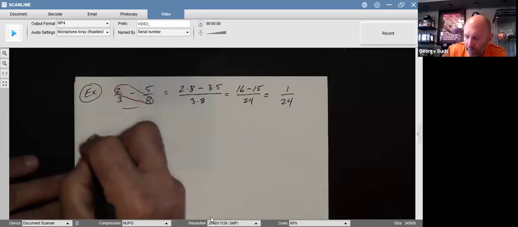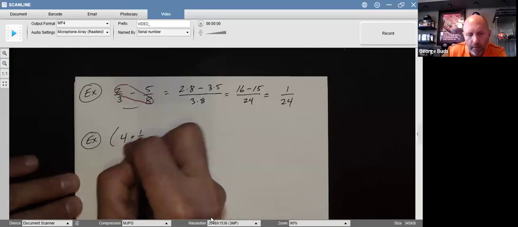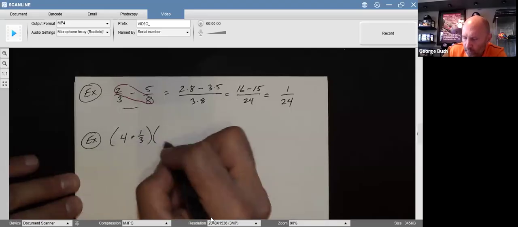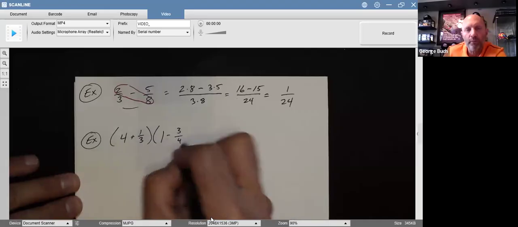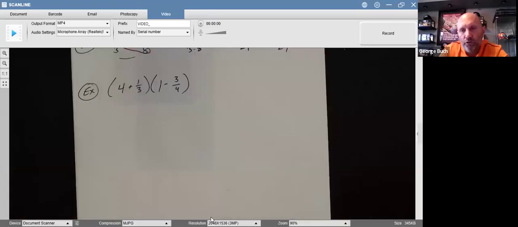All right, what if I have 4 plus 1/3 times 1 minus 3/4? With this one, we're going to use our order of operations, PEMDAS, right? So we're going to do what's inside the parentheses first.